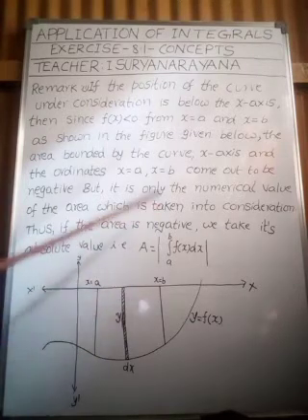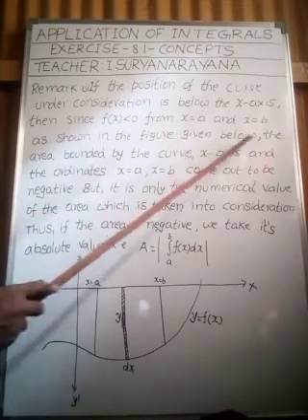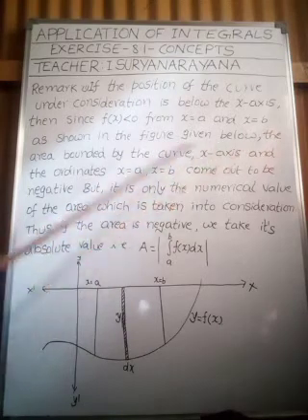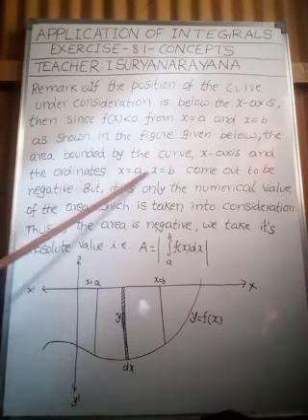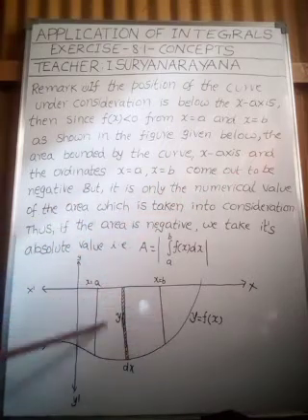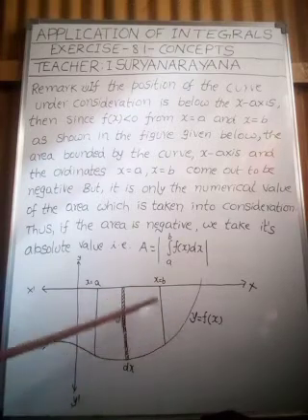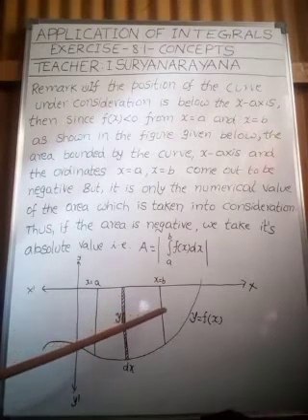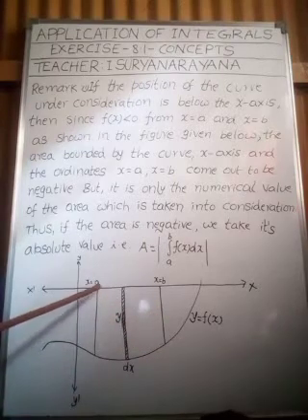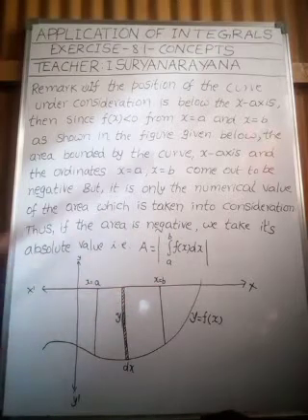In this case, we get a negative value. The area bounded by the curve, the x-axis, and the ordinates x is equal to a, x is equal to b comes out to be negative. If the curve is below the x-axis, then when you find the area of the region bounded by the curve, the x-axis, and between x is equal to a and x is equal to b, we get a negative value.